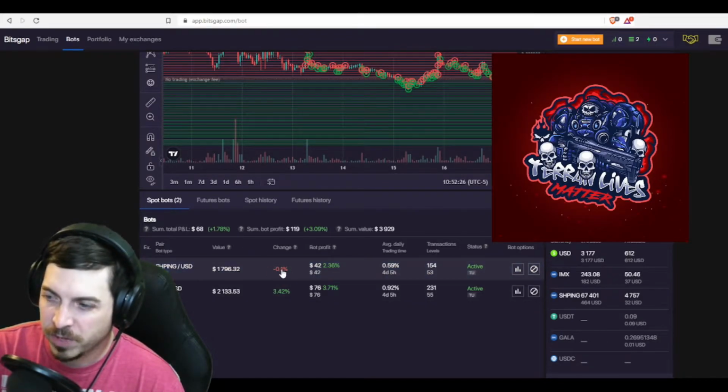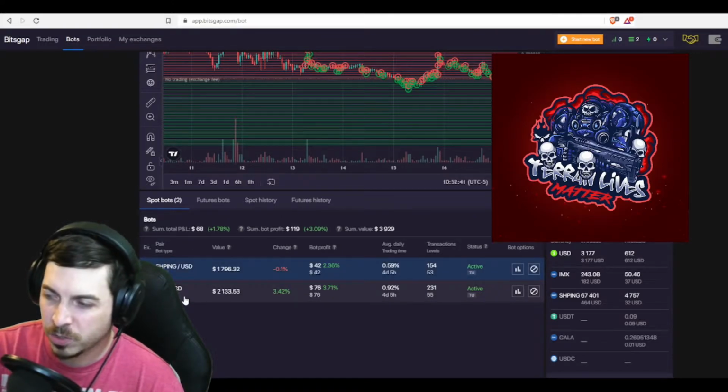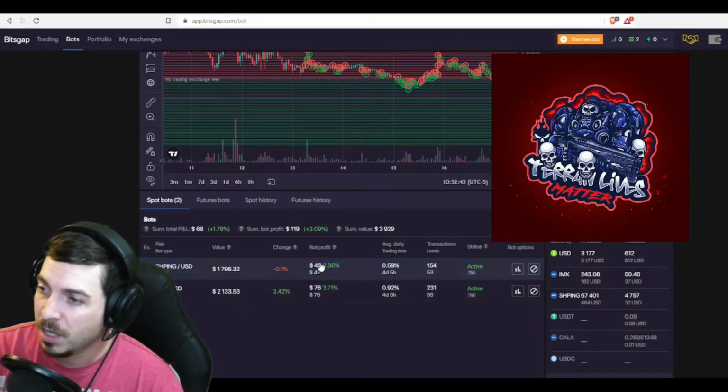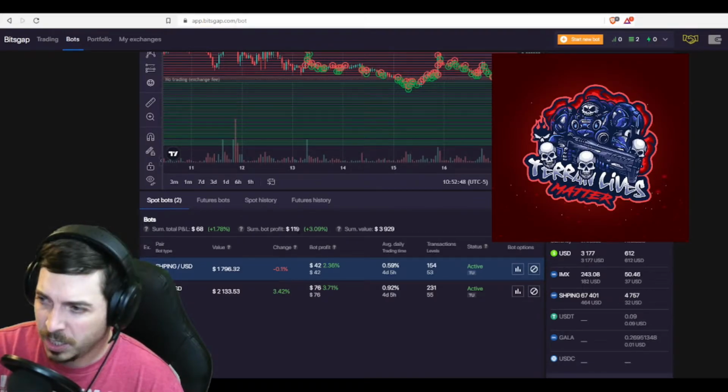The change in value here will also indicate that, depending on the coin pair. And if you're trading USD, you could also be trading into Ethereum on the right-hand side, or BTC are also very viable options. And then the sum bought profit here in the center.